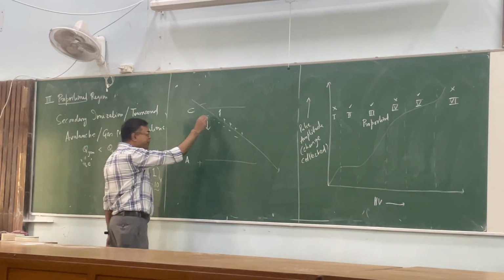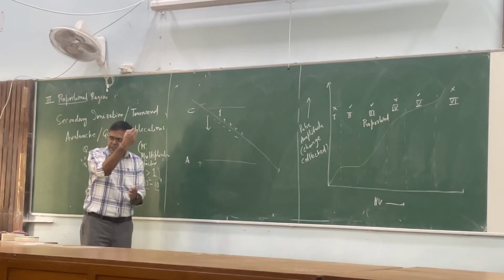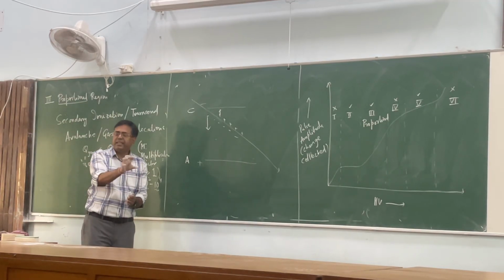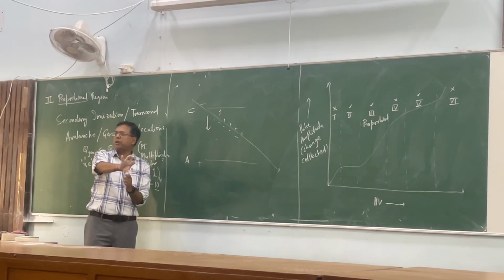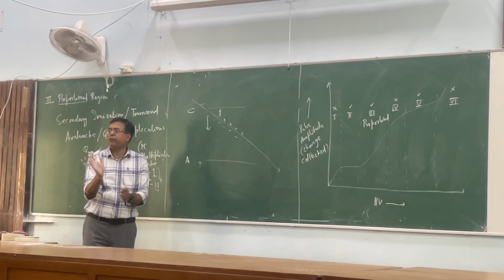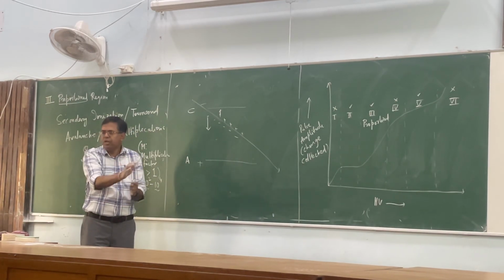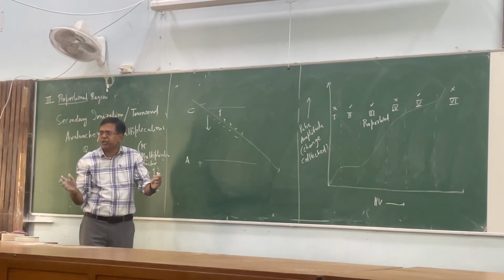Now, when the electron starts drifting, two things happen. One is it is drifting and having Coulombic interaction with the ions which are there. Some of them also recombine, but we have already passed that region where the recombination was a major effect. So now we do not need to worry about the recombination.